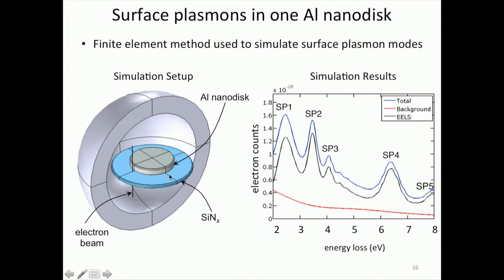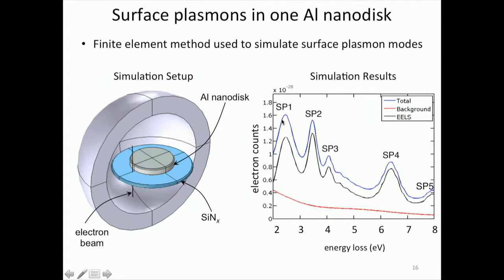And here is aluminum oxide with 2.6 nanometers thickness. Then we can simulate the loss in the substrate, the loss only in the aluminum disk, and the total loss.